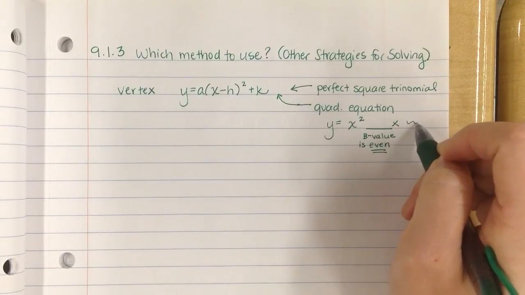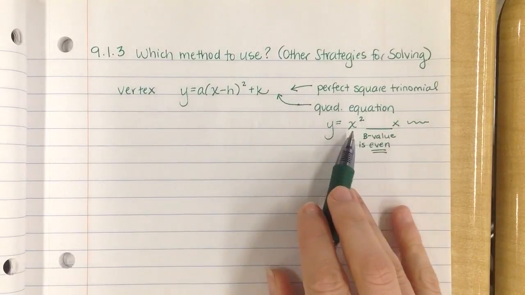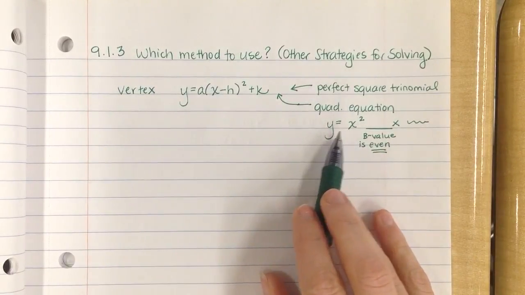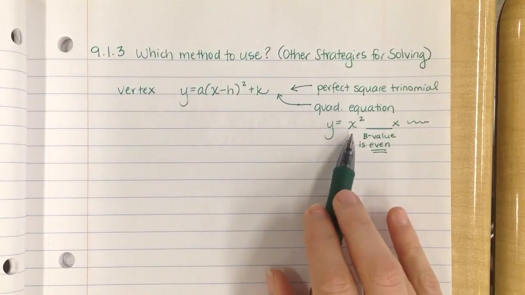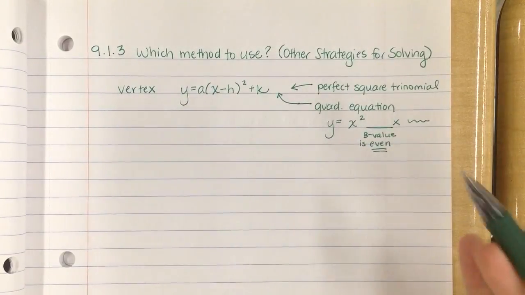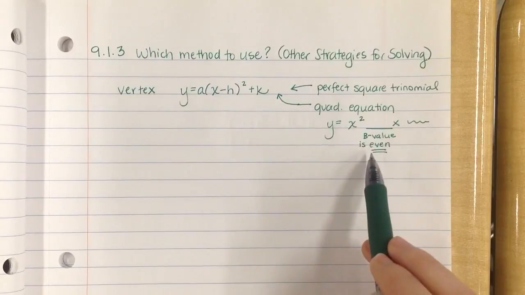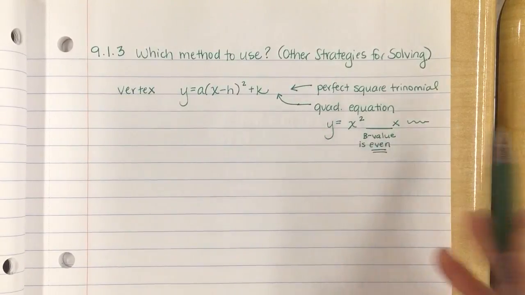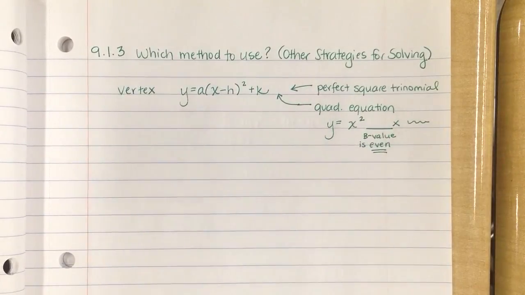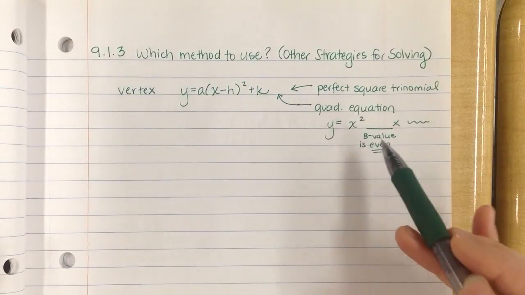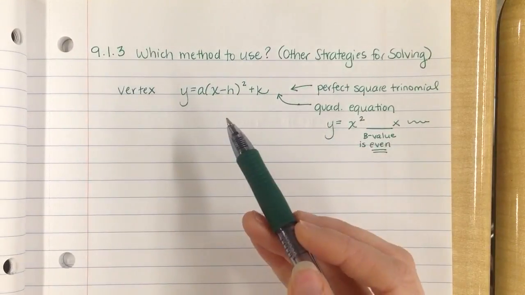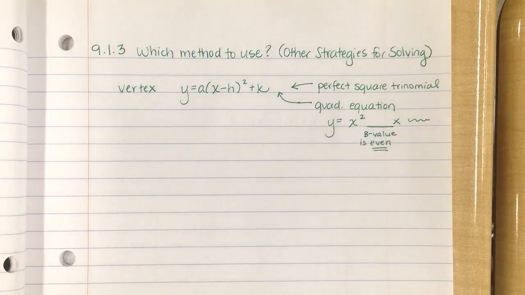It doesn't really matter what the c value is, other than the fact that the x squared has a coefficient of 1, or it's all by itself, as we say colloquially, and then the b value is even. If those two qualifications are met, it is a great thing to be able to immediately put it into vertex form. It's quick, fast, and easy to do it in that method.